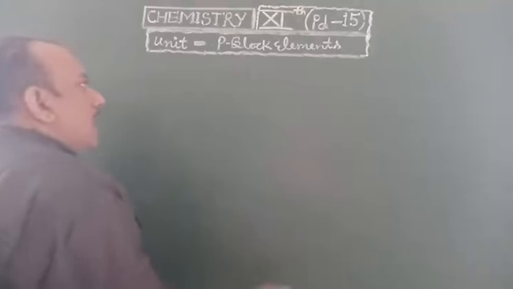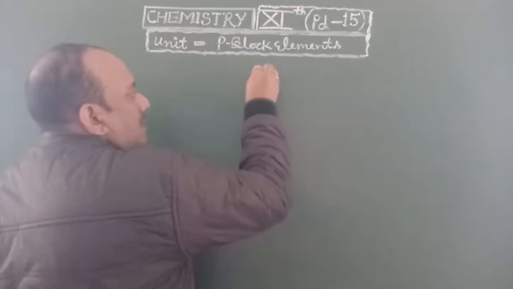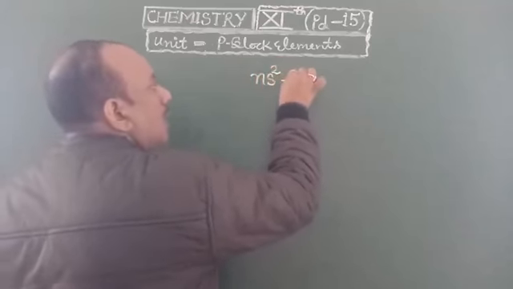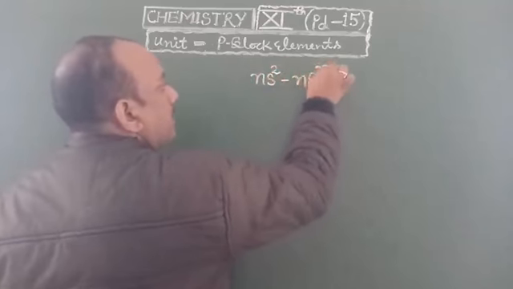Then fourth A group elements show a simple configuration of last two shells, ns2 np2 type.